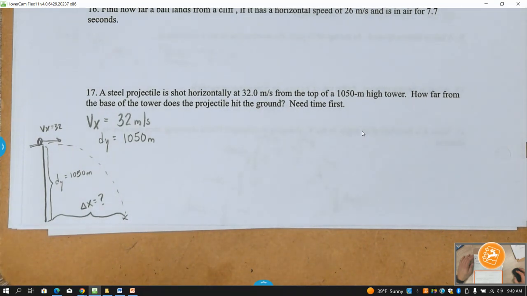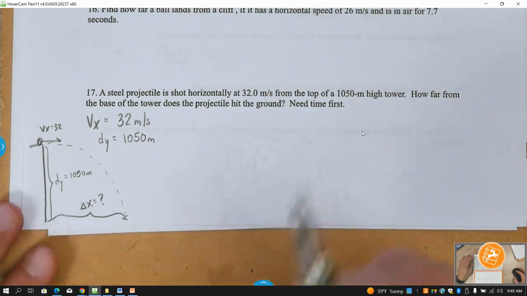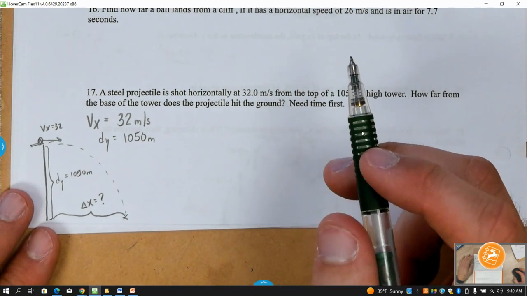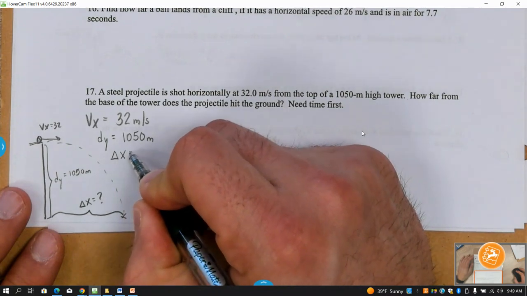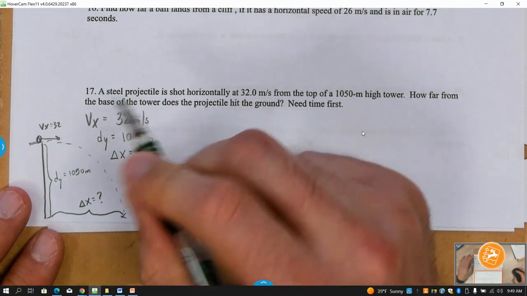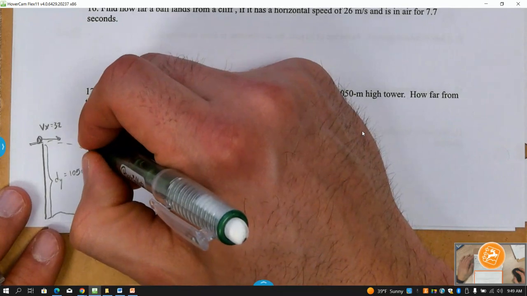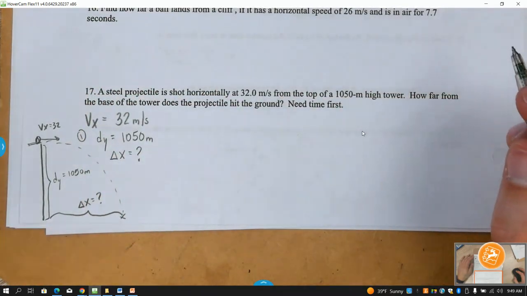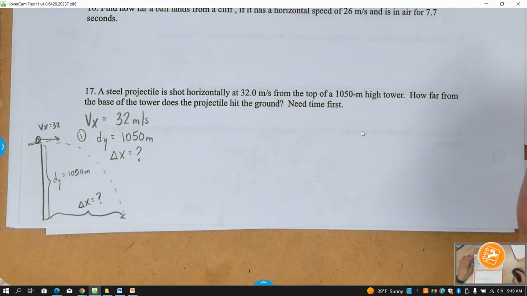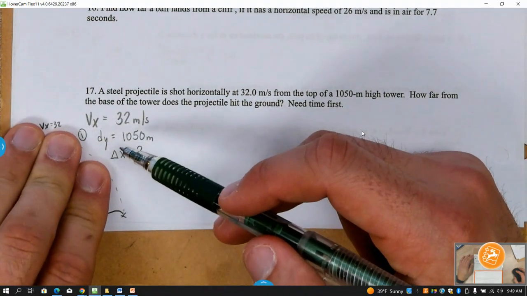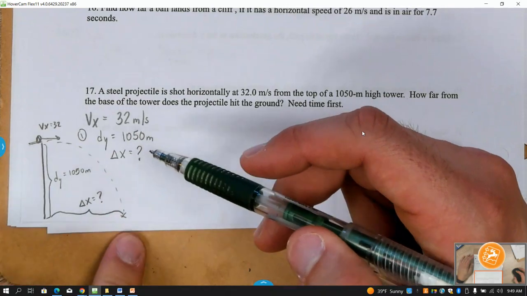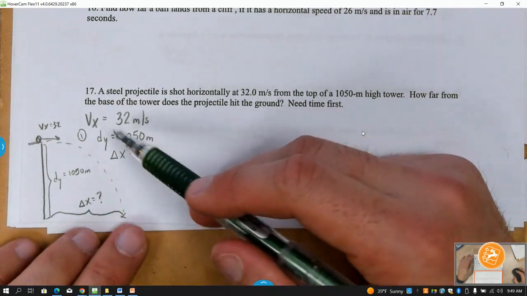And then how far from the base of the tower does the projectile hit the ground? Well, that means we want delta x. Okay, so all of that, 1 point. You don't have to do the drawing, but listing your given information. I just gave you the drawing so you could see it a little more visually.